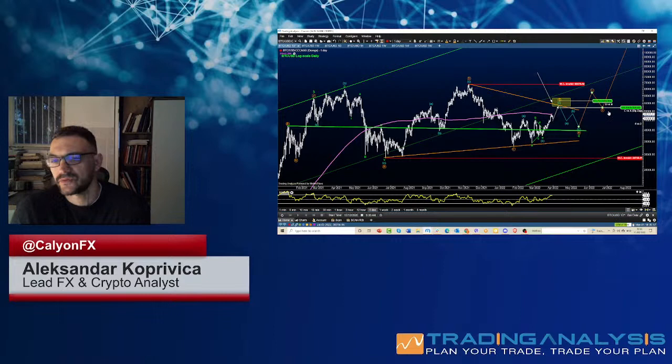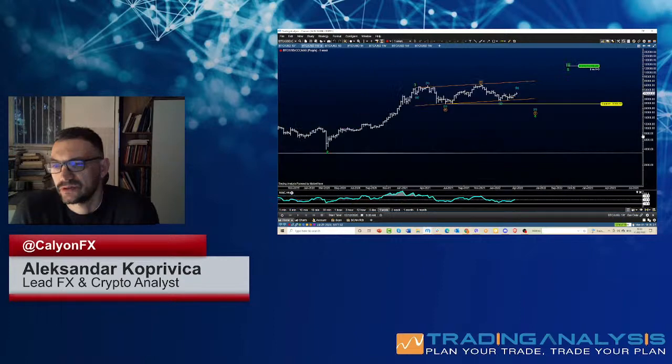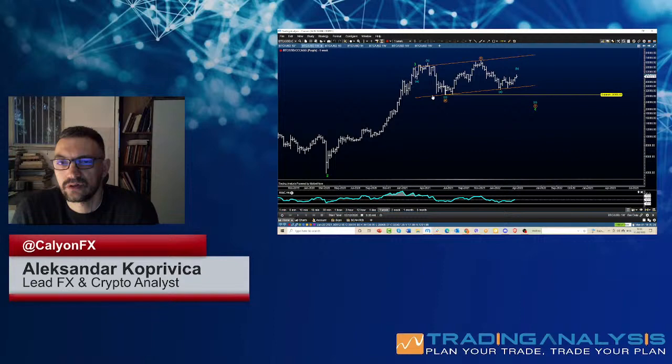For now, it works. If you ask me about the scenario which many are looking at as a worst case scenario, you can make a case that this might be a complex correction, in a sense that there is a part of legs which you can count as very complex corrective pullbacks.